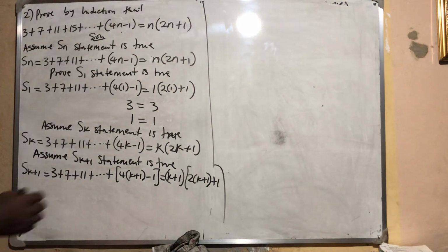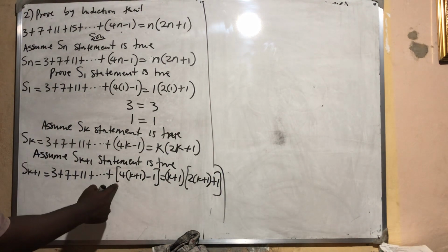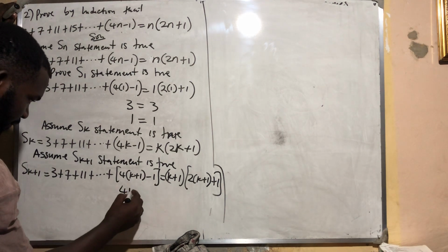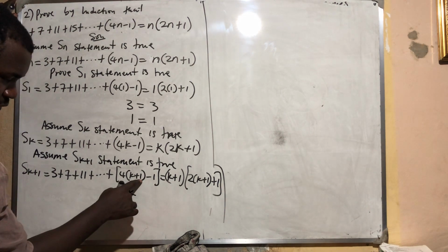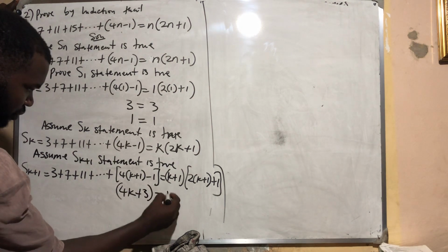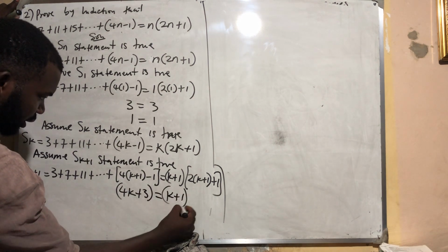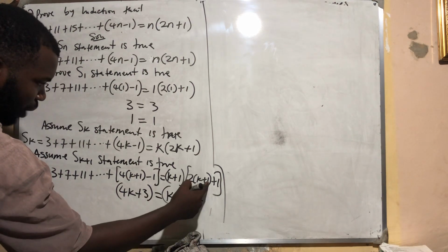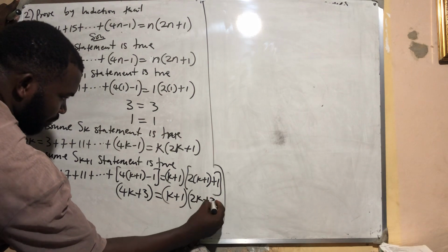All right. So continue, please repeat this side. Then you come here. 4 times k is 4k. 4 times 1 is 4. 4 minus 1 is 3. So I have plus 3 here is equal to k plus 1 into 2 times this is 2k. 2 times 1 is 2. 2 plus 1 is 3, plus 3.